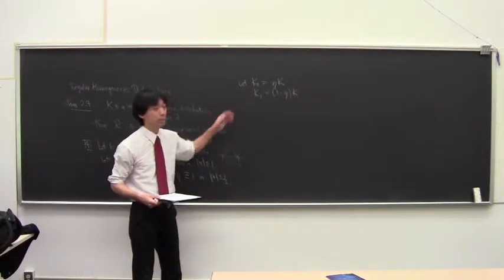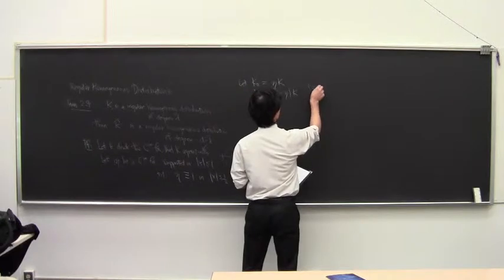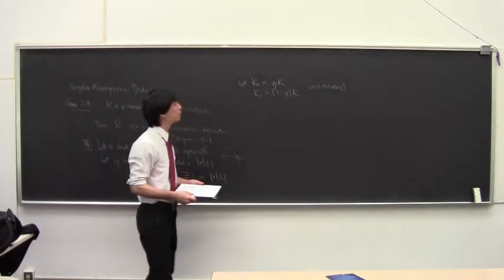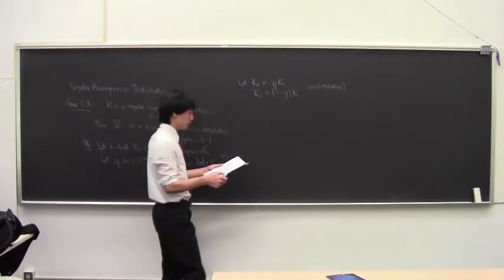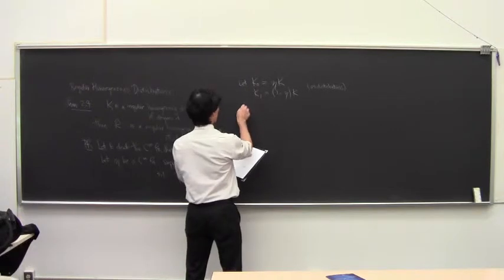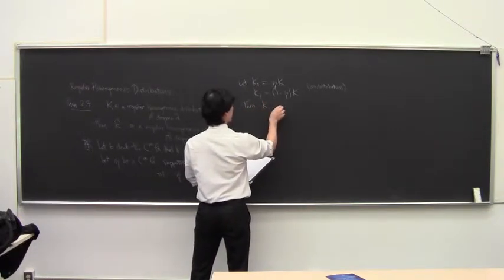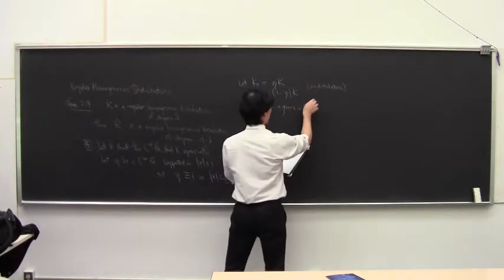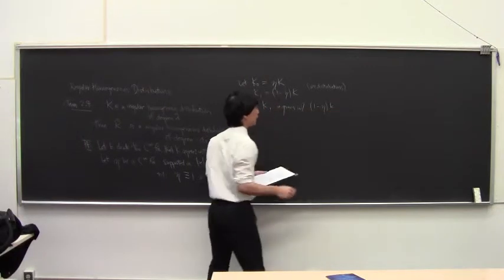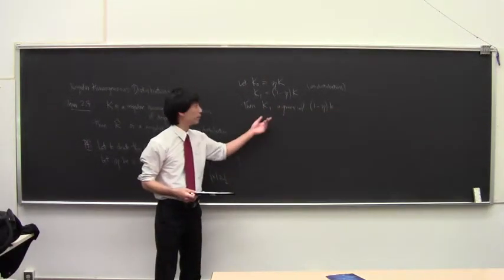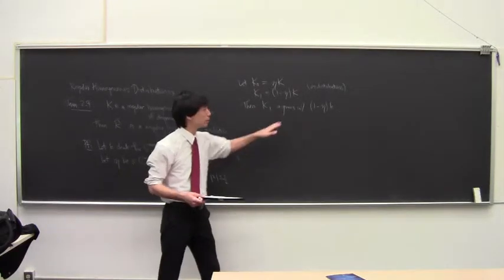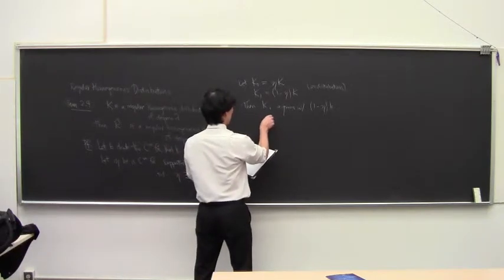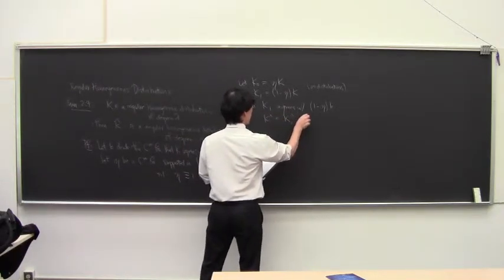So this is a product of distributions; we're multiplying a distribution by a function. Then, obviously, k1 agrees with 1 minus eta times little k. K1 is clearly a regular distribution; here's the function that it agrees with. And also obviously, k hat equals k naught hat plus k1 hat.